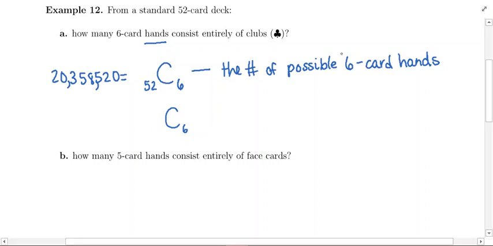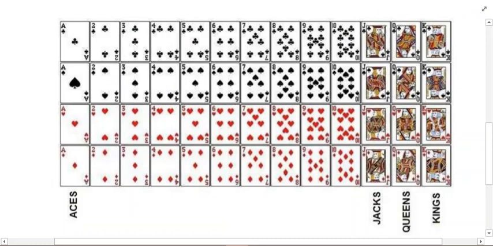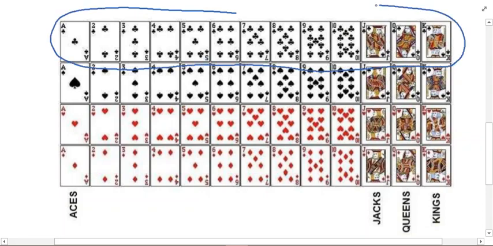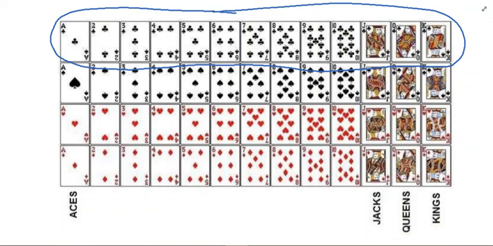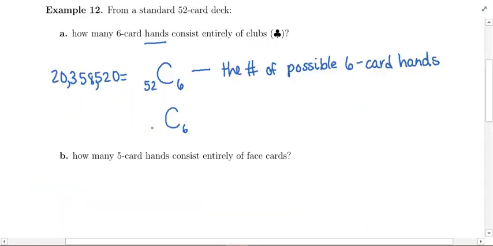So if we flip back to our picture of our cards, we can only choose from these cards, the clubs. That way we're ensuring we don't get a spade, a heart, or a diamond. Remember, each suit contains 13 cards. There are 13 clubs, so we're picking from a set of 13 clubs and choosing 6 of them.